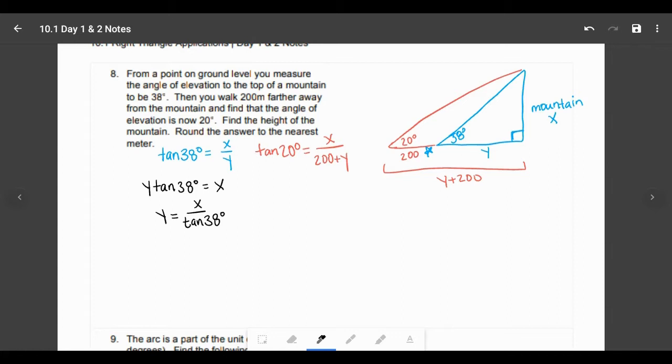Now I can take this value and I can substitute it in for the y in my second equation. So let's go ahead and do that now. I get that tan of 20 degrees is x over 200 plus that first equation.